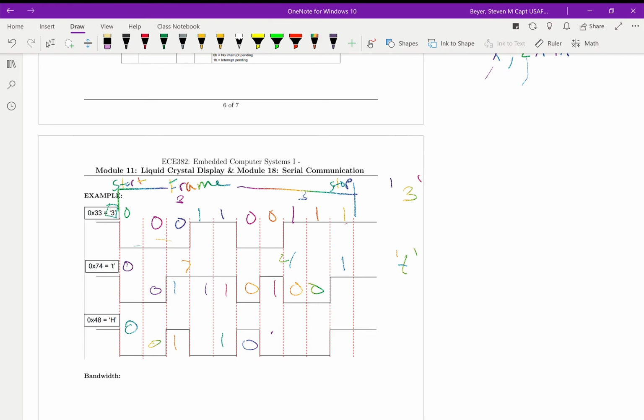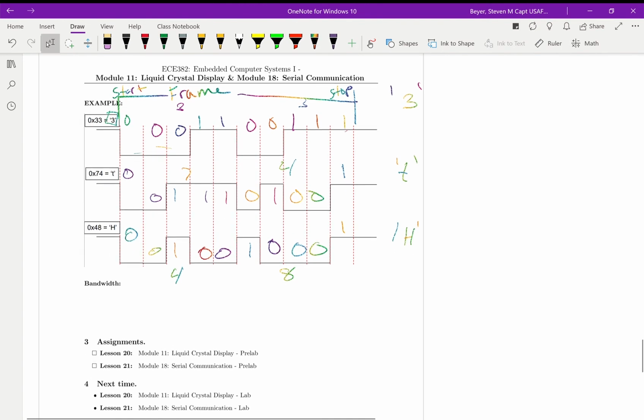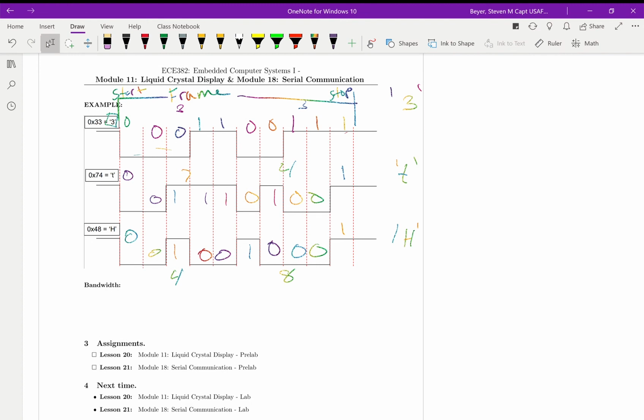I don't know what just happened. I was just copying what was up above, I guess. And our stop bit. We got 0, 1, 0, 0, or 4, and then 1, 0, 0, 0, 8, which corresponds to H. Play around with this, practice it. We'll see it in the lab, and we'll get an example of that.